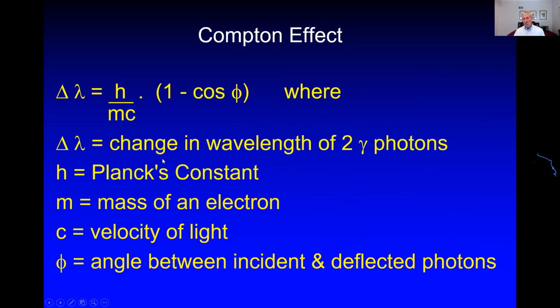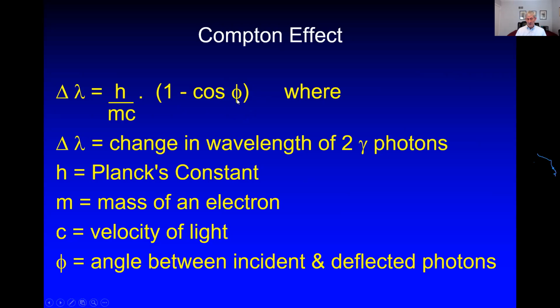Now, what equation did we have before? It was easy. E electron equals E gamma minus binding energy. There's nothing simple about this equation, but let's make some sense out of it. The change in wavelength of gamma 1 and gamma 2, which we can measure actually, is equal to a bunch of constants: Planck's constant, mass of the electron, the speed of light, times one minus cosine of angle phi.